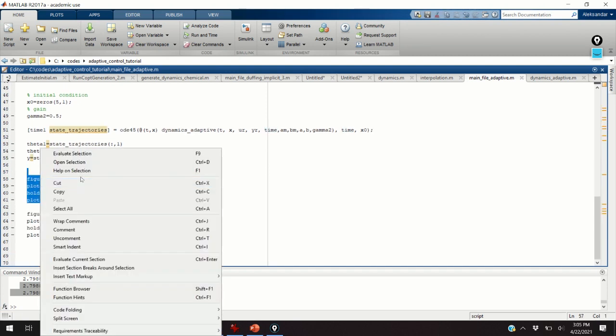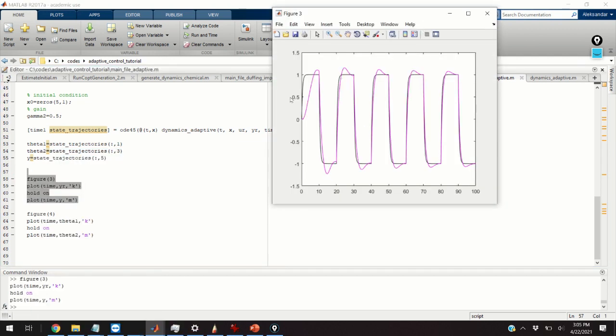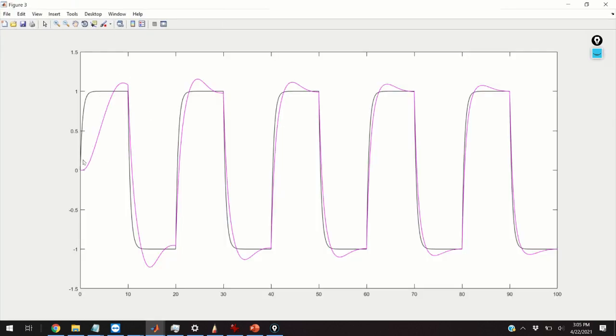So first we are going to plot the output of our reference model and the output of our plant. The purple line is the output of our plant, and the dark line or the black line is the output of the reference model. So the purple line should follow the black line.